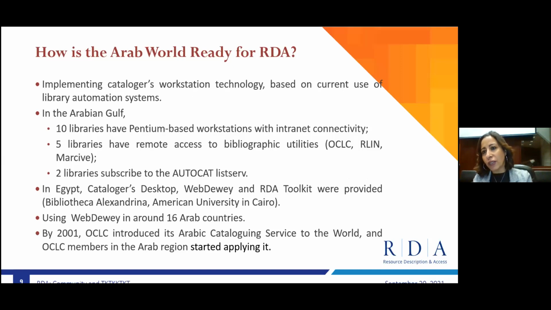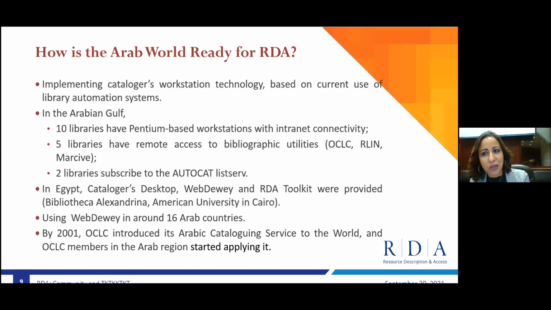I mentioned that we found that people were ready already for the RDA. Yes, they were very ready. We have some surveys, and we asked in many conferences about how ready they are. You can find in my presentation a lot about the libraries in Egypt, and also some information about libraries in the Arab region, but we have more.